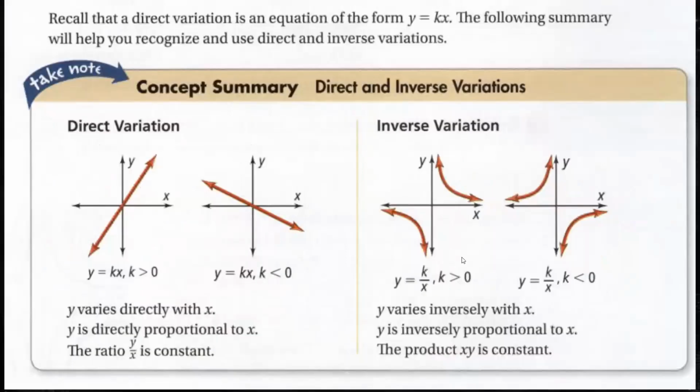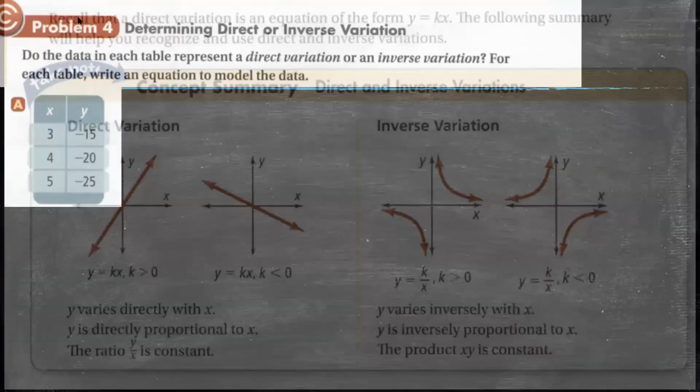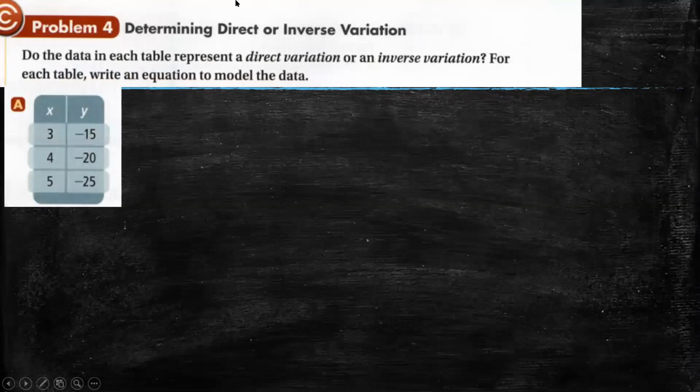No, teacher. Now, let's go to problem number 4. As you see, we have data in a table. Let's determine if these data represent a direct variation or an inverse variation. How can we know that from these data?